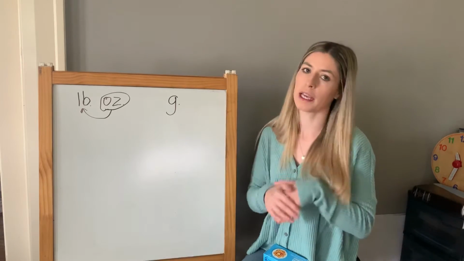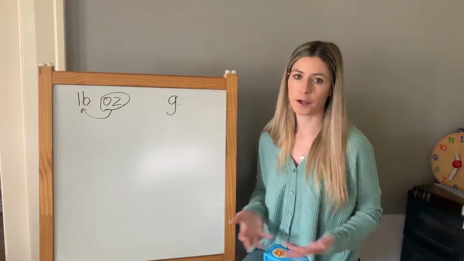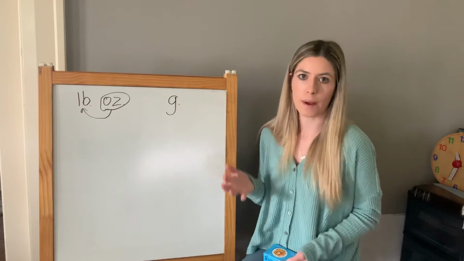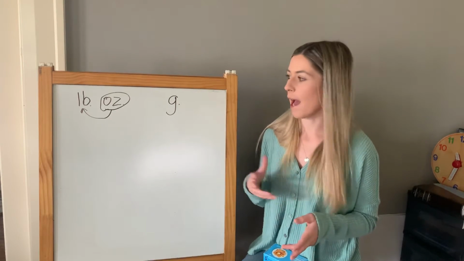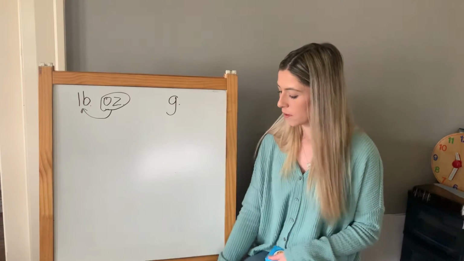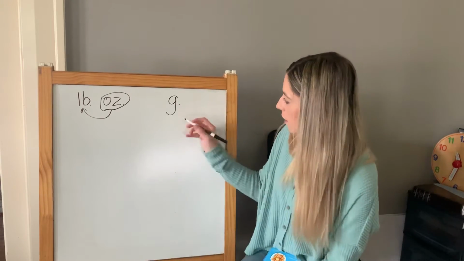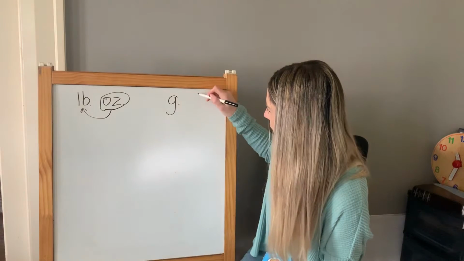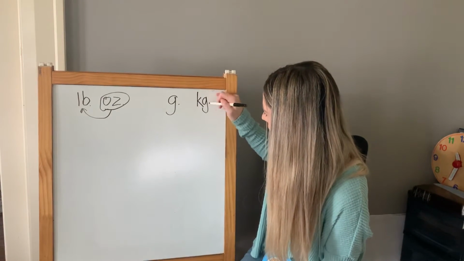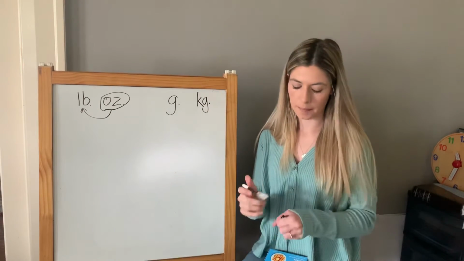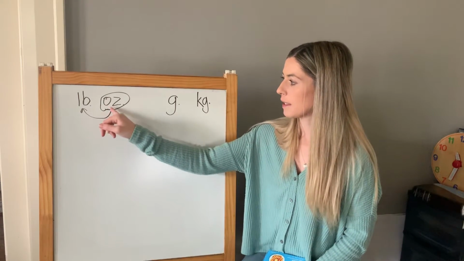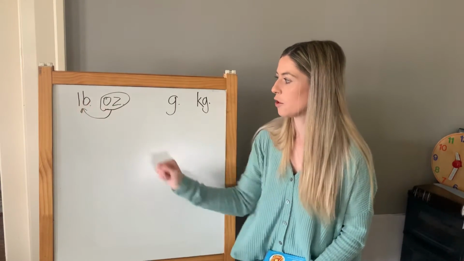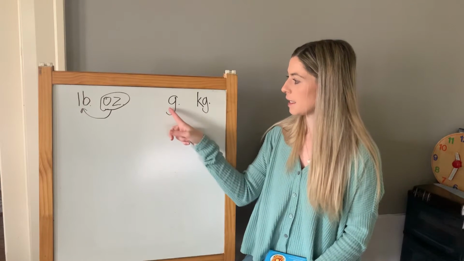But if they were talking about even bigger, heavier things, like how much a car weighed or a person, then they would use a kilogram, which would be kg. What's easy about that is we have to memorize that 16 ounces fit into a pound, but this one's easy.